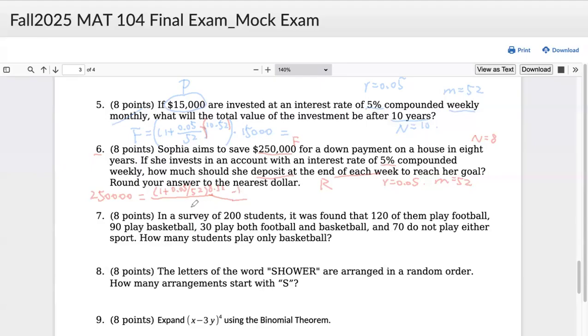This is the annuity formula, because she keeps depositing. Then divided by I, which is 0.05 divided by 52, then multiplied by R. So we're trying to find R. Make sure again in your calculators, you put parentheses around. So basically R equals 250,000 divided by this number.